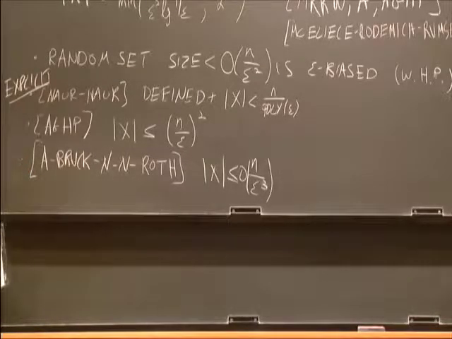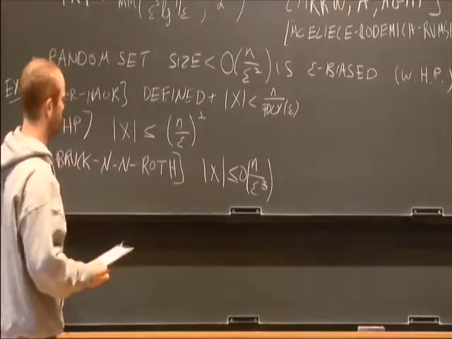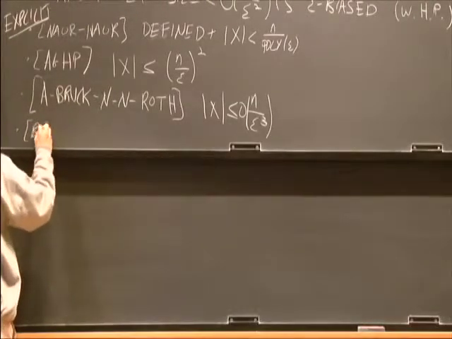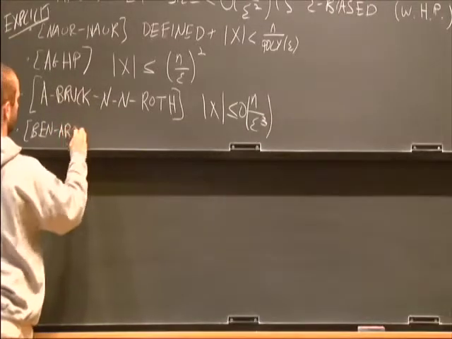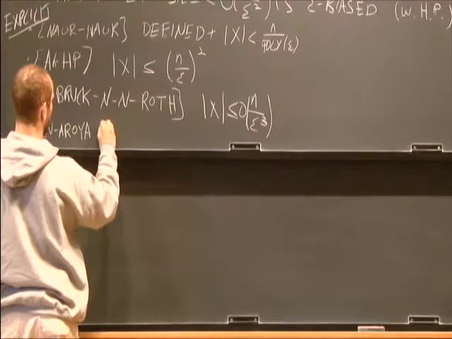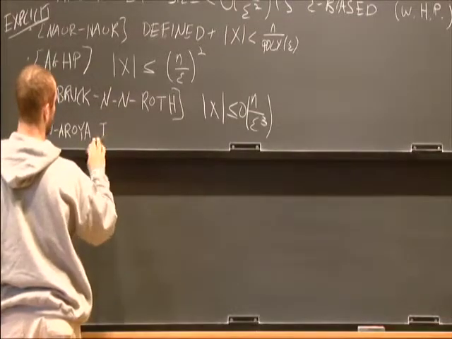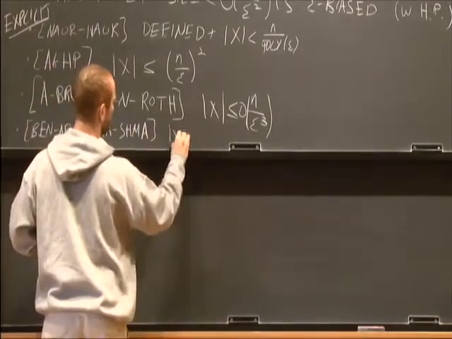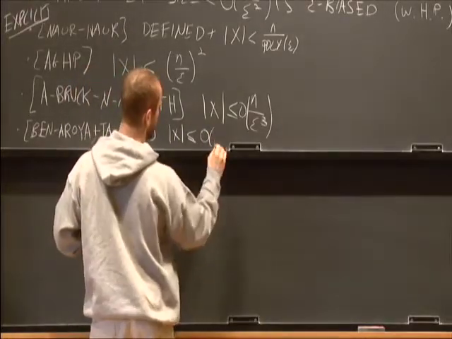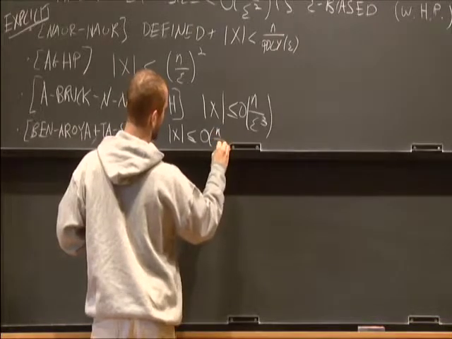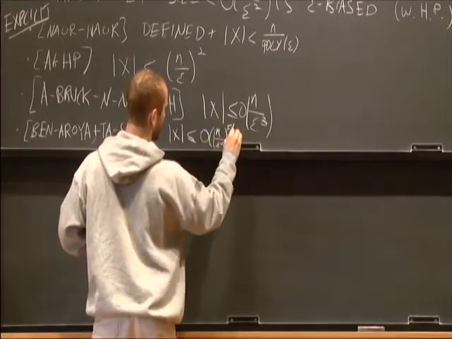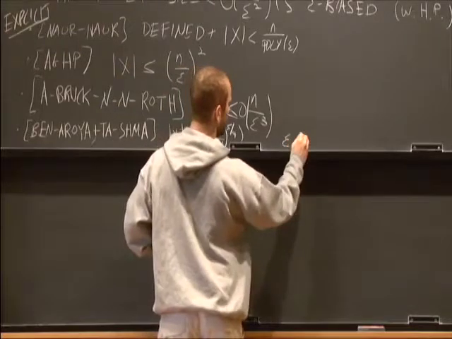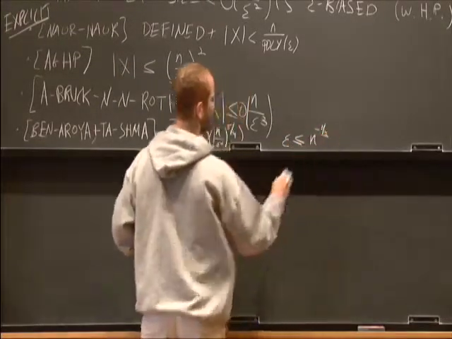And lastly, I will try to fit it here. Ben-Aroya and Ta-Shma constructed a set of size n over epsilon squared to the 5/4 for epsilon smaller than 1 over the square root of n.